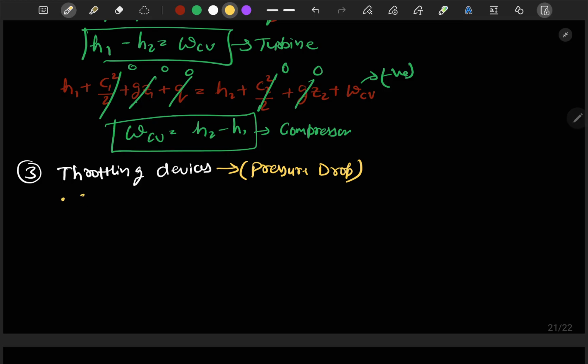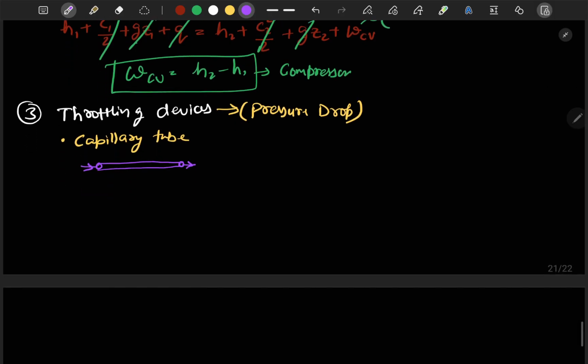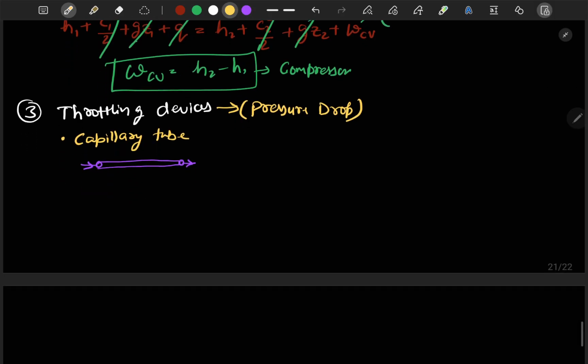The first one is the capillary tube. A capillary tube is a very thin tube through which fluid is passed. When the fluid passes through, since the diameter is very small, the head loss or friction loss is very high, and the pressure of the fluid will be reduced.